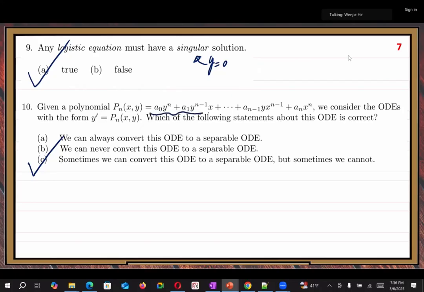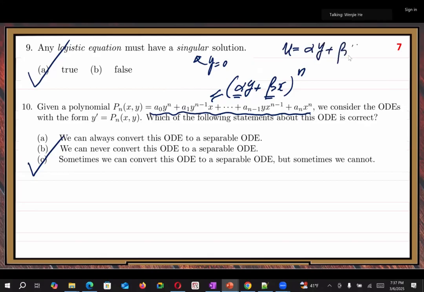this form could be, let me use some constants, alpha y plus beta x to the nth power. If we can find some appropriate constants alpha and beta so it can be in that form, then you can make it separable. Let u equal alpha y plus beta x.